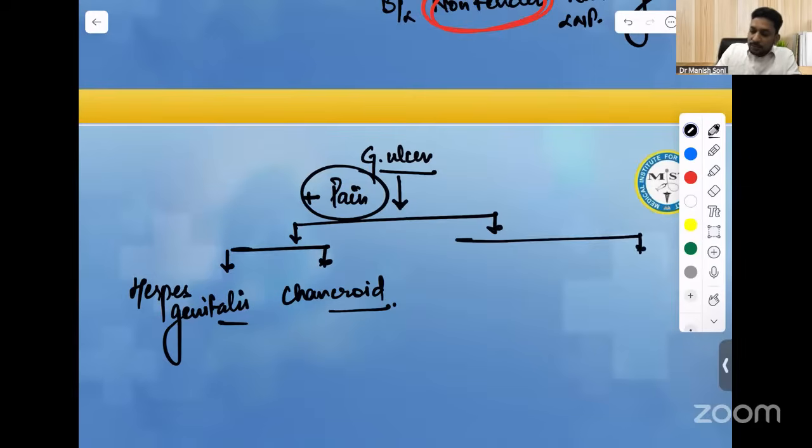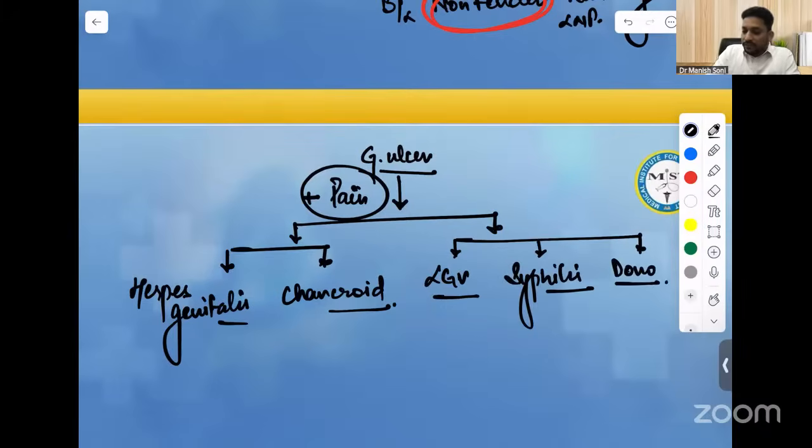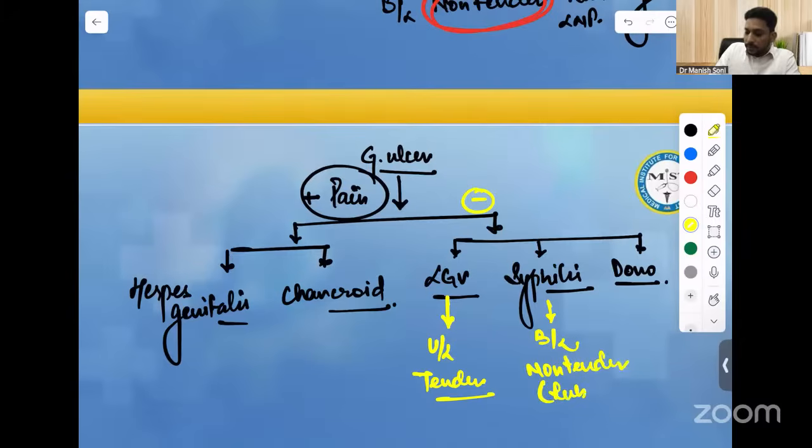But painless can be seen in these three conditions, that is LGV, syphilis, and donovanosis. And if this painless genital ulcer is mentioned, then you should look for unilateral tender lymphadenopathy here, bilateral non-tender lymphadenopathy here, which is rubbery, and no lymphadenopathy or pseudobubo here.